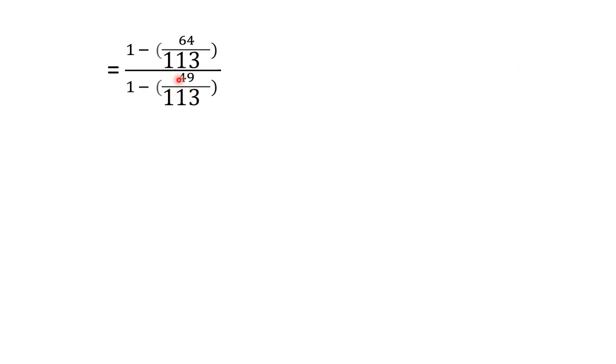By squaring 8 upon under root 113, we get 64 upon 113, and by squaring 7 upon under root 113, we get 49 upon 113. So the next step is 1 minus 64 upon 113 upon 1 minus 49 upon 113.